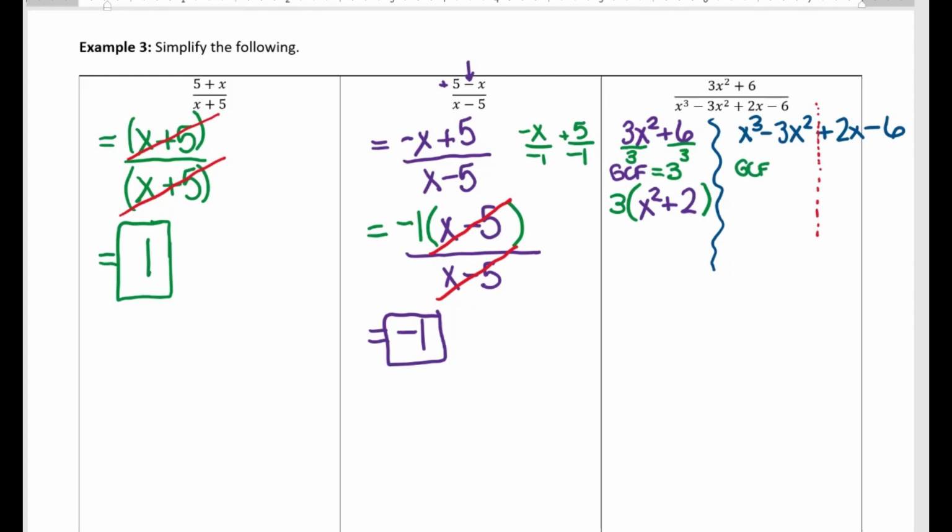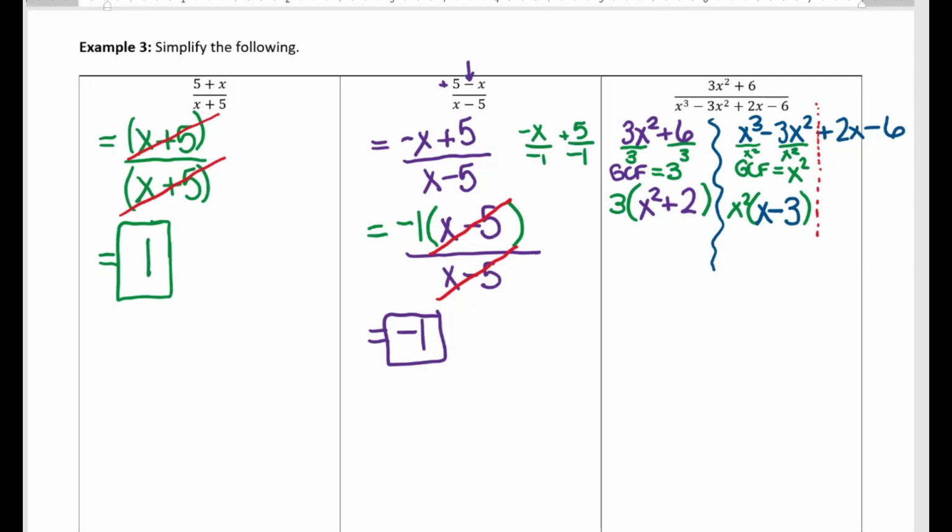I'm not going to have a number in my GCF, but I will have an x because both terms have an x, and they both have an x squared to give. So I'm going to factor out an x squared, which means, remember, I'm going to divide each of these terms by x squared, and the x squared goes out in front of the parentheses. X cubed divided by x squared gets me x. Bring down my minus. 3x squared all over x squared gets me 3.